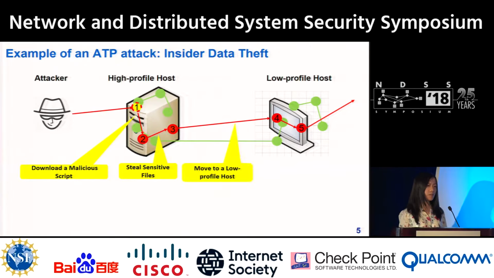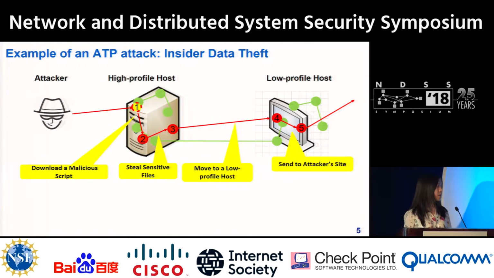Later, he transferred these files to a low-profile host in order to keep his traces undetected and below the radar of detection systems. Finally, he moves these files to his own site.